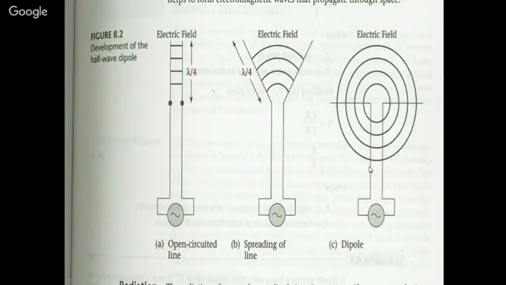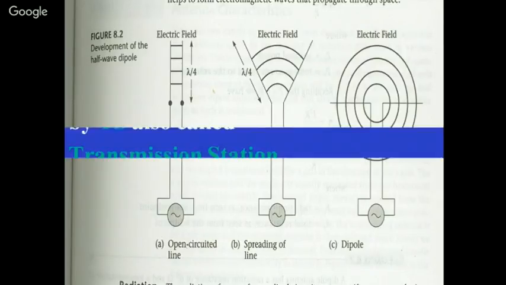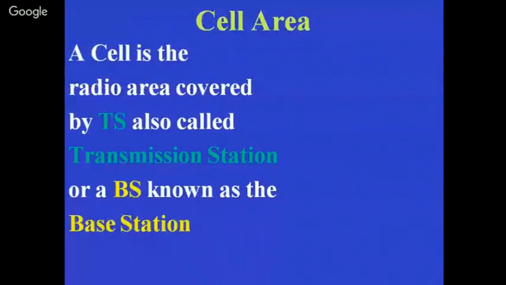So what is the size of antenna and the shape of antenna, that will depend upon the frequency. So whatever area is covered by single transmission tower under any base station, that is called the cell area.